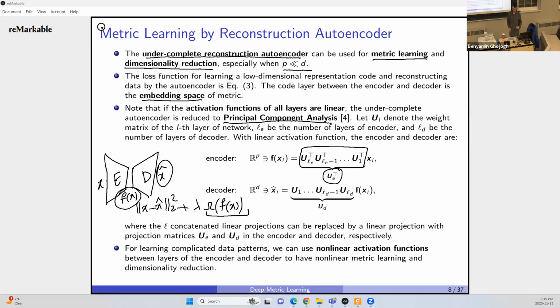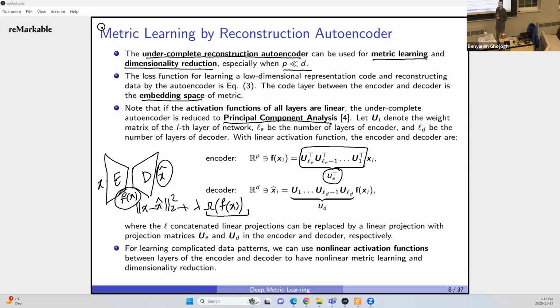Why? Because, do you remember, go and see my lecture on PCA in my statistical machine learning course. One of the formulations for PCA is minimization of reconstruction error. So you can see that PCA is the linear algorithm which minimizes reconstruction error. When you don't use any nonlinear activation function in your neural network, it becomes a linear algorithm.